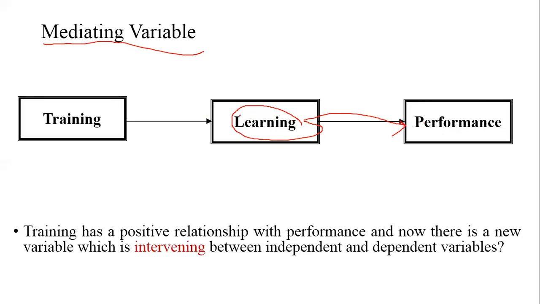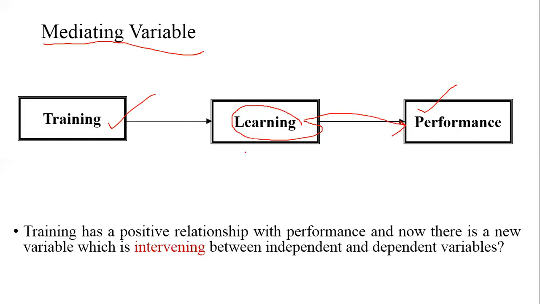So it is something which is intervening or mediating between the independent and the dependent variable. Variables which are in between the independent and dependent variable are known as mediating variables.